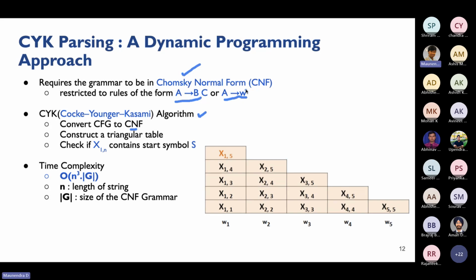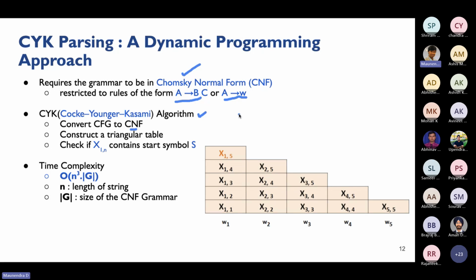And if you have all the rules following this property, then this is a CNF or Chomsky normal form grammar. So if we have something like A to Hyderabad, right?